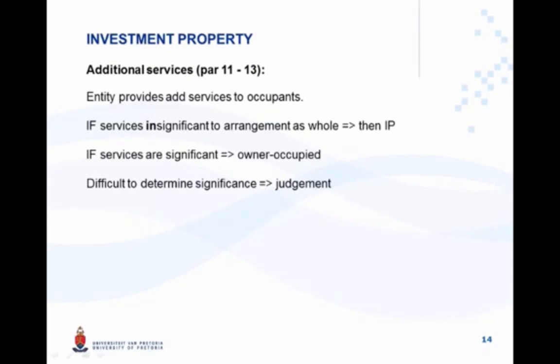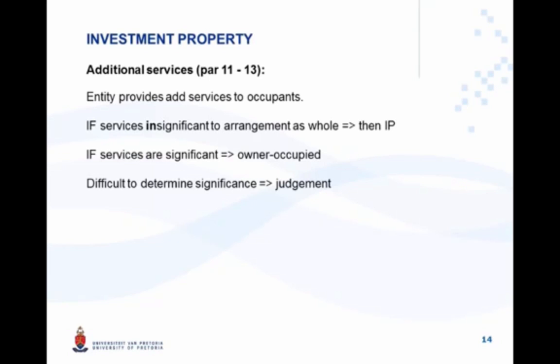So the summary of these additional services, this is where you have investment property that you're renting out, either a hotel or an office building or whatever the case might be. But on top of just renting that out, you also provide some services to the occupants. If the services are insignificant to the arrangement as a whole, it can stay investment property.